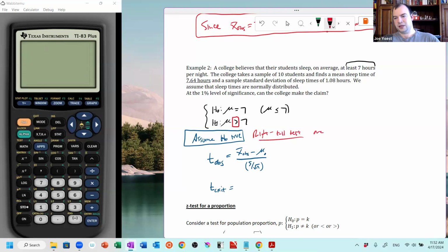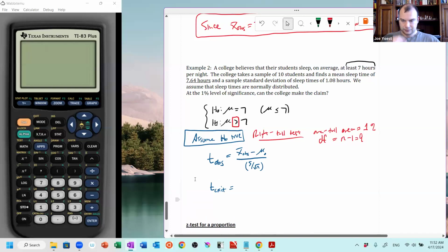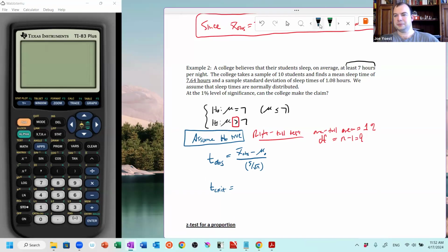So we're looking for a one tail area of 1% and degrees of freedom. While our sample was of size 10, degrees of freedom n minus 1 is 9. We can compute T observed pretty easily. It's X bar observed, 7.64, minus the null hypothesized value of mu, 7.